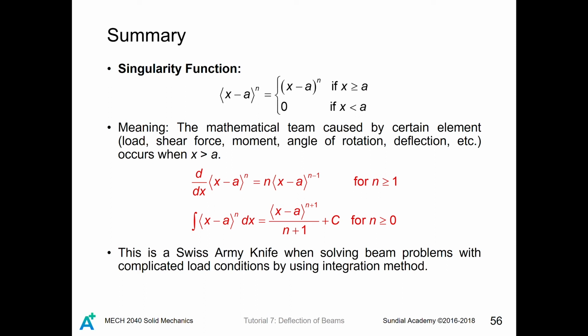Also, we introduced the singularity function, which is very useful for solving the beam deflection problem without very crappy computations, and its unique properties can help you a lot. For the details, you can refer to example 7.3.